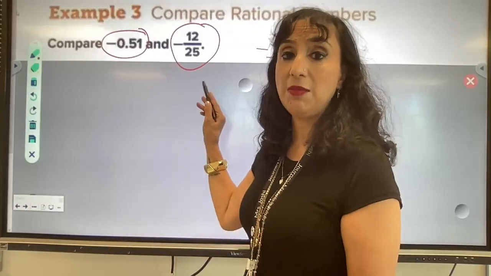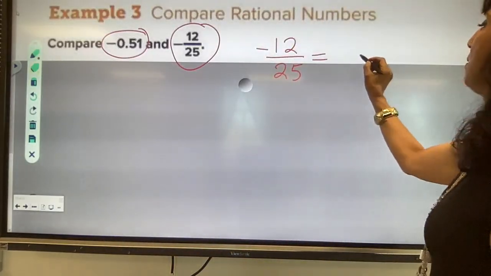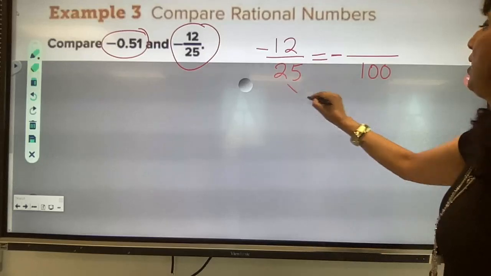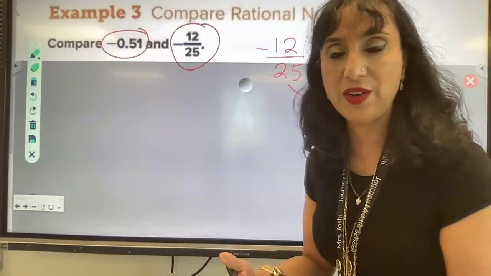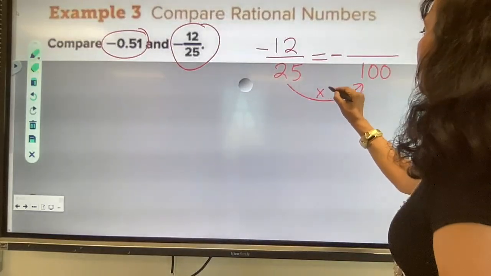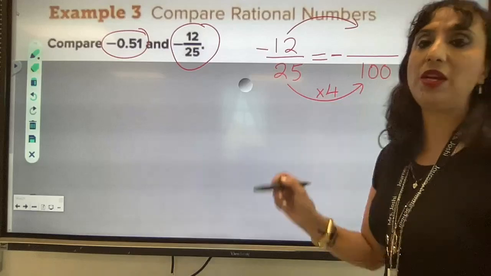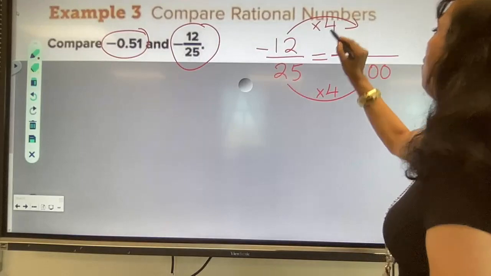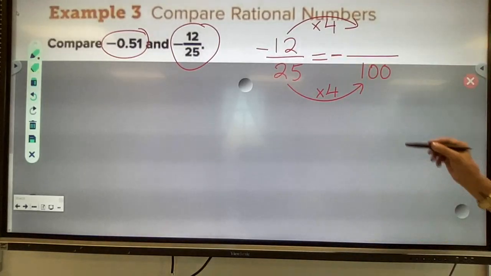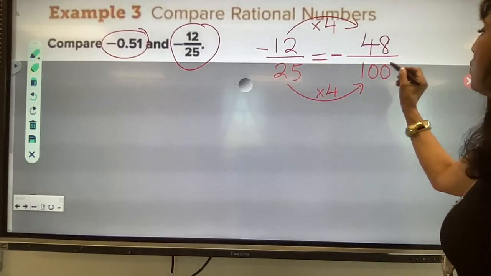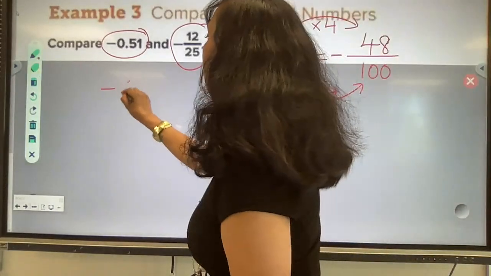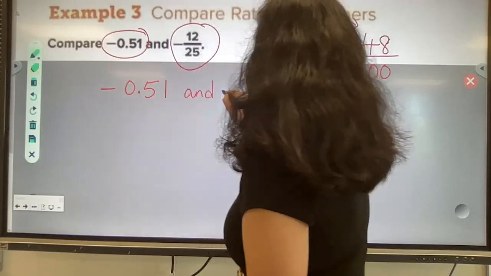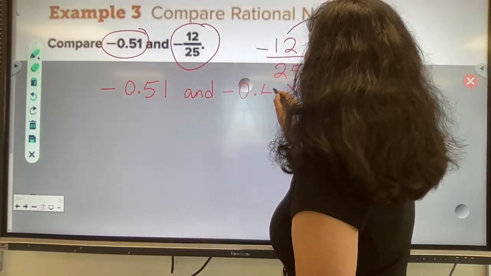So I'm going to do the same thing to this and make my denominator 100. 25 times what gives me 100? 25 times 4. Whatever I do to the denominator, I do exactly the same thing to the numerator. So 12 times 4 is 48. So now look at my decimals: I have negative 0.51 and negative 0.48.